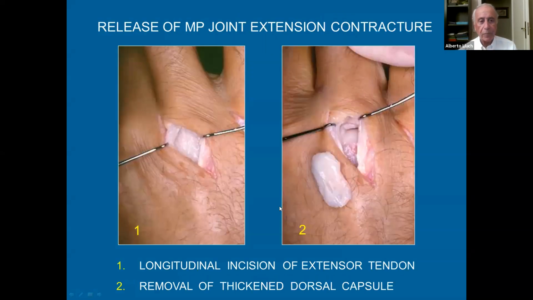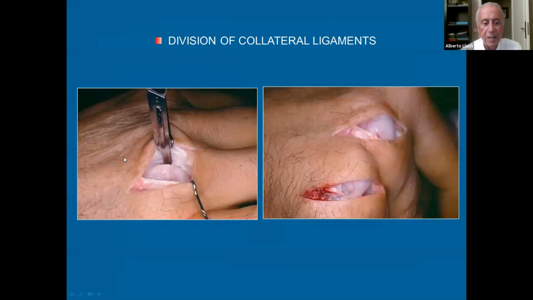When we do a release of an MP joint extension contracture, like here, in one finger or several fingers, we divide longitudinally the extensor tendons. And after the extensor tendon is divided and retracted both sides, then we can remove the dorsal capsule, and we can see that the extensor tendon does not insert into the proximal phalanx.